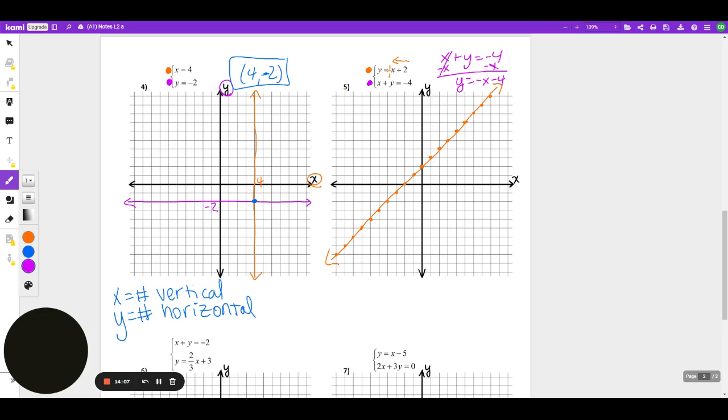So I want to go ahead and again graph this backwards, starting at the negative 4 along the y-axis. And then I'm going to go up 1, left 1. Keeping in mind that this does need to be a negative slope, so I need to make sure that I head off in that negative slope direction, which is this way.